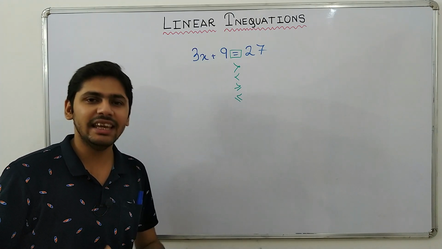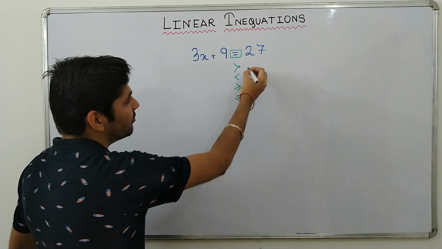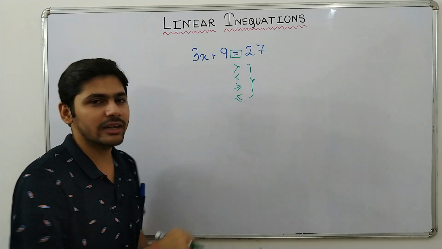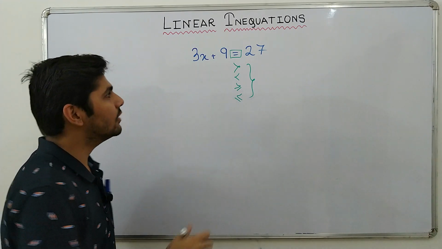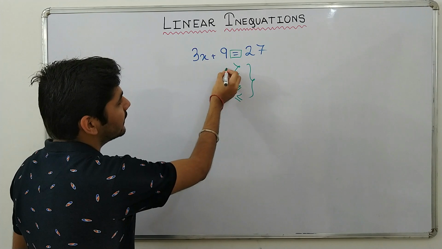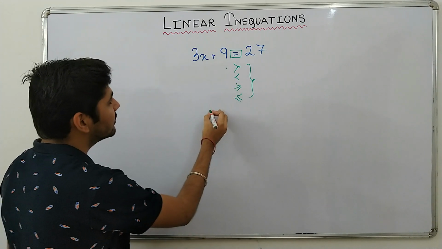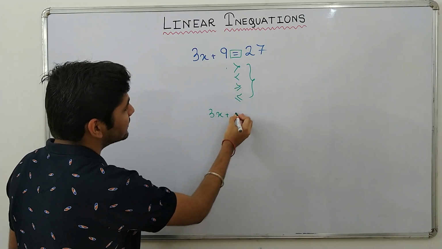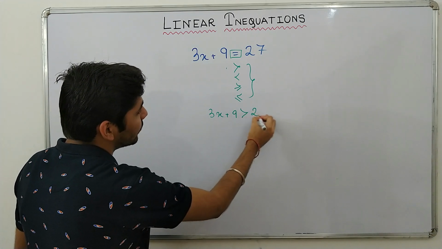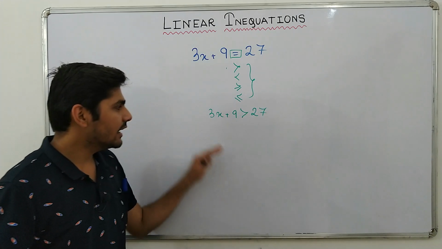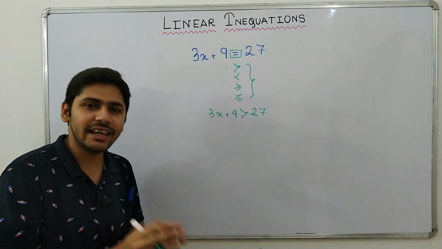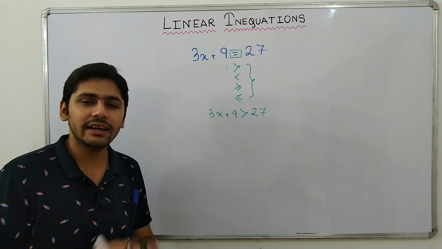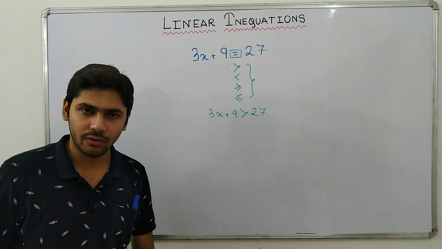If we replace the equal to sign by one of these, then the equation will become a linear inequation. Now let's replace the equal to sign by the greater than sign. So what we will have? We will have 3x plus 9 is greater than 27. So this equation that we get is a linear inequation and it is also called linear inequality.